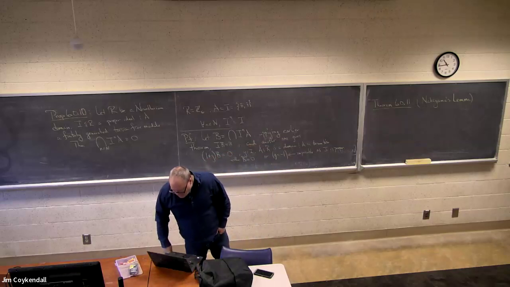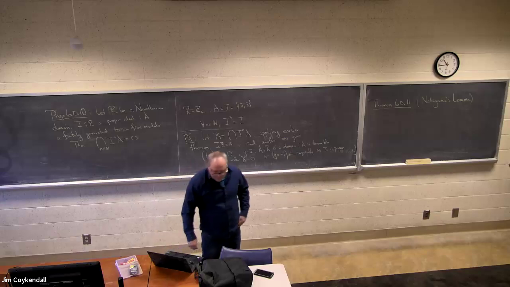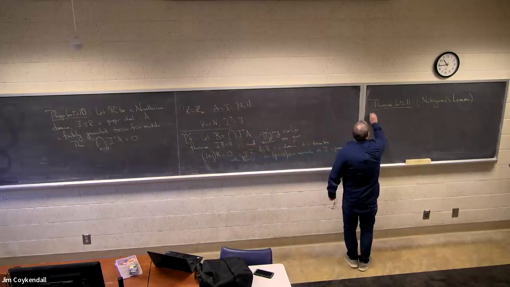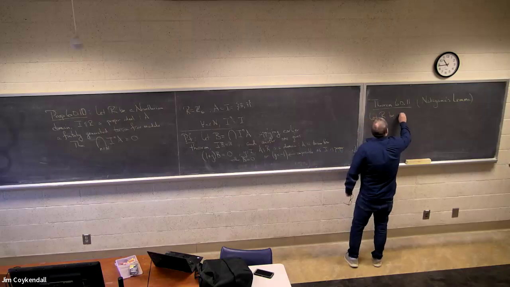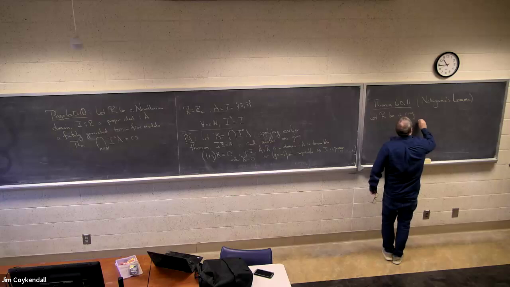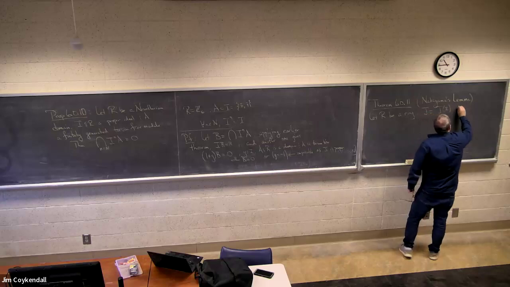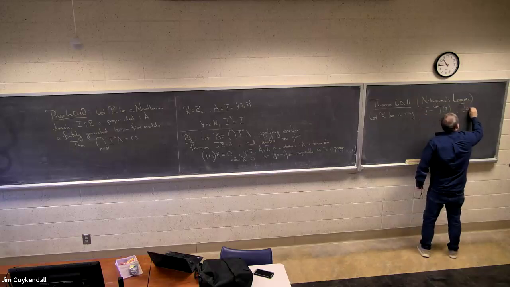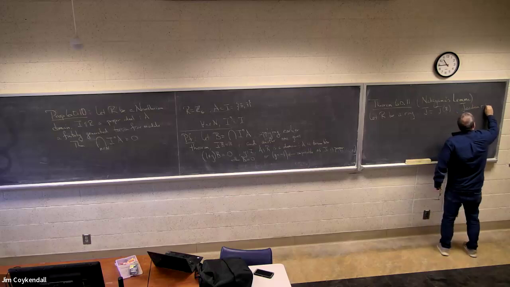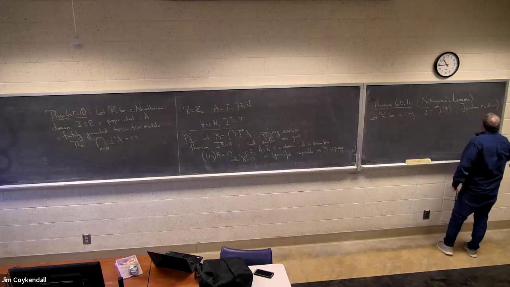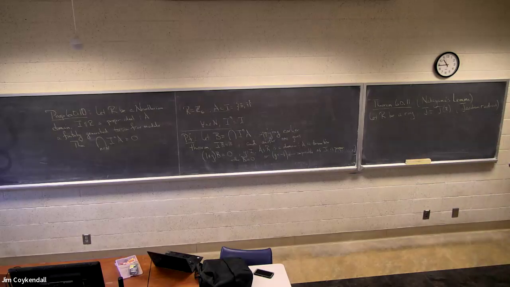What the content here is, suppose R is a ring and A is a finitely generated R module. Let R be a ring and let J be the Jacobson radical of R. Let me recall for you what that is.